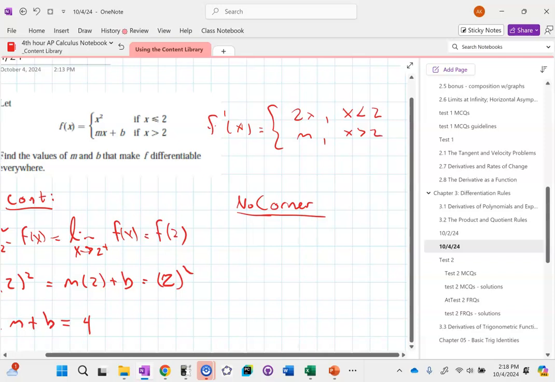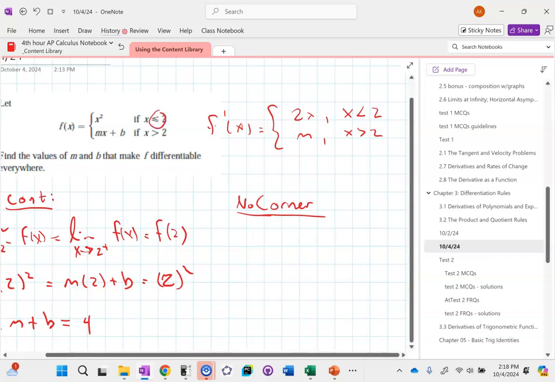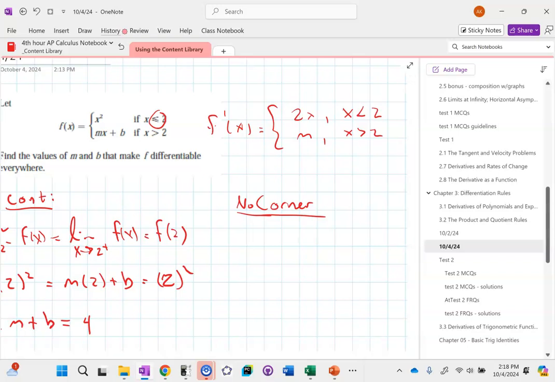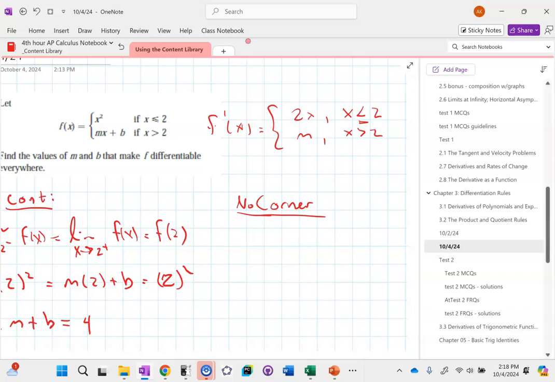Now, if I know I have differentiability, I can add the or equal to. Since the question is asking me to make sure that I have differentiability, I'm going to pick my m and my b so that that does happen. So I'm going to go ahead and put the or equal to there. If it's not a problem like this, where you're just taking the derivative of the piecewise, you must check to make sure that you have differentiability at the place where the two pieces meet. Is that okay, Violet? Okay.